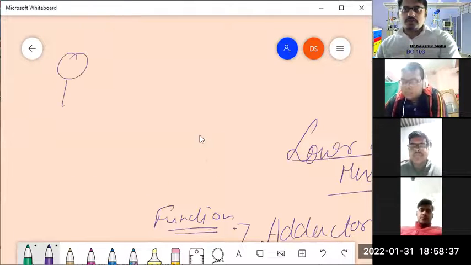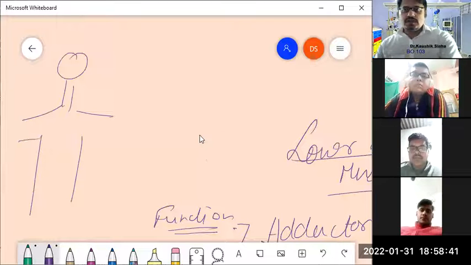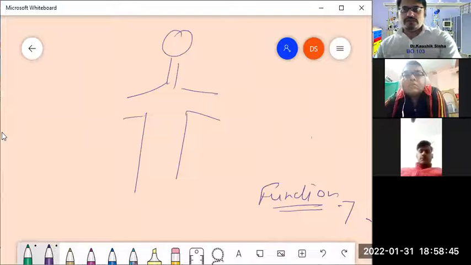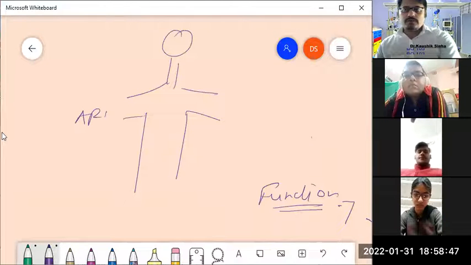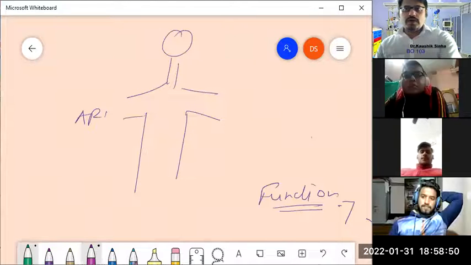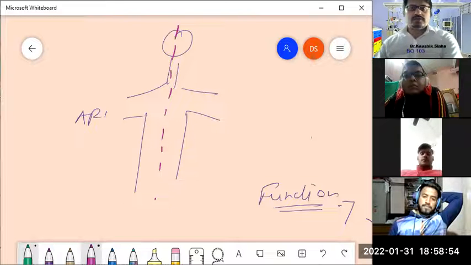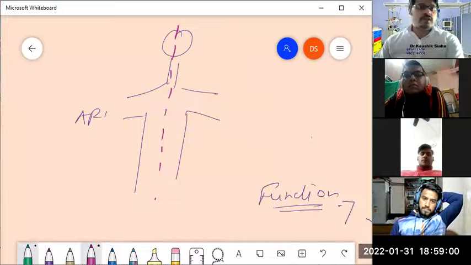If this be a human being, so this was the torso. Now, consider the position of the arms that I've shown. So if these are the arms, I said the body can be imaginarily divided into two symmetrical halves by a midline, right? This is an imaginary midline, not a real one.